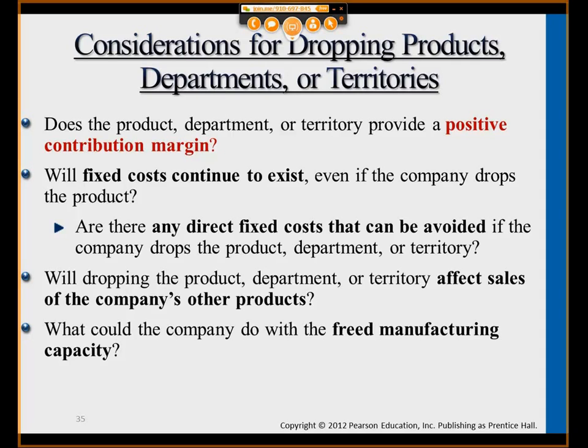Well, dropping the product, department, or territory may affect sales of the company's other products. So what would be that case? It's the case when one of the products might be necessary for the other. Okay, so if we are selling one of the products that is a complement to another, dropping one product might also decrease the sales of the other. All right?